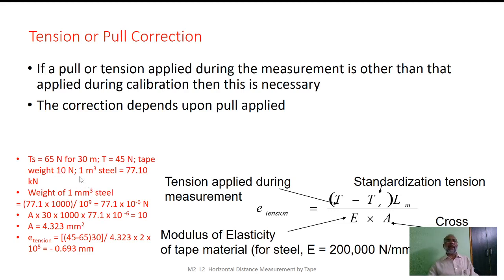The density can be considered for 1 cubic meter of the steel, and accordingly we can work out the weight of 1 cubic millimeter of the steel. Correspondingly, the cross-sectional area can be worked out and E tension can be worked out as minus 0.693 millimeters.